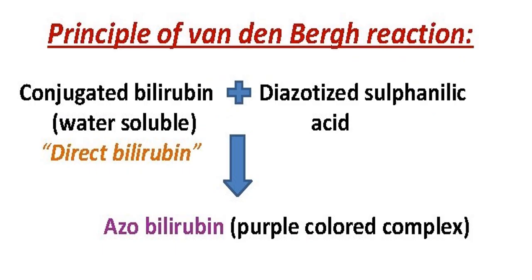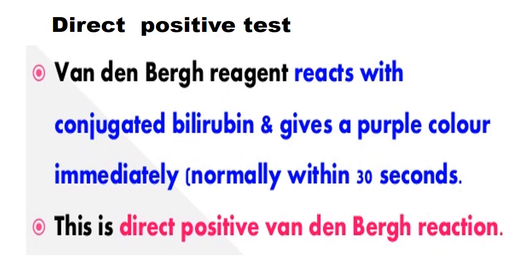The principle is that if it is conjugated bilirubin, it is water soluble, and it will give a direct Van den Bergh reaction. So we mix with diazotized sulfanilic acid and it forms azobilirubin, a purple colored complex. Direct positive test: the reagent reacts with conjugated bilirubin and gives a purple color immediately, normally within 30 seconds.